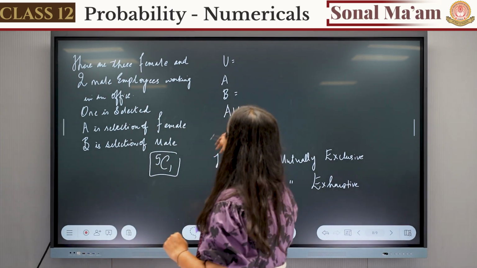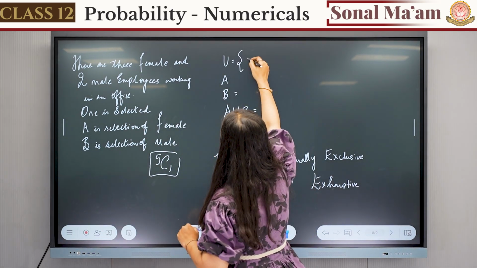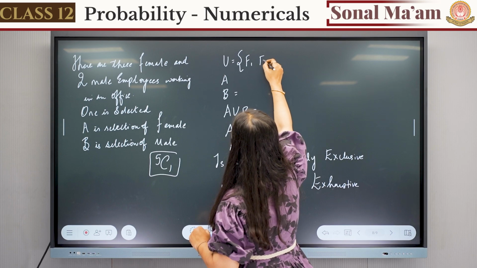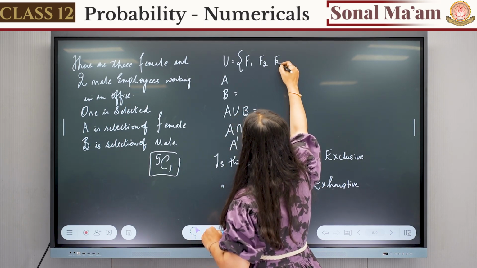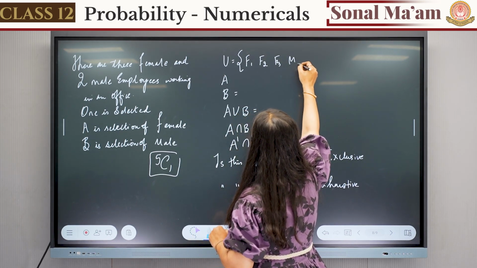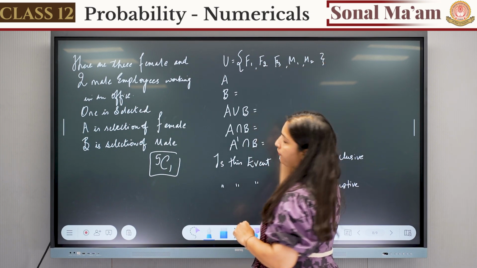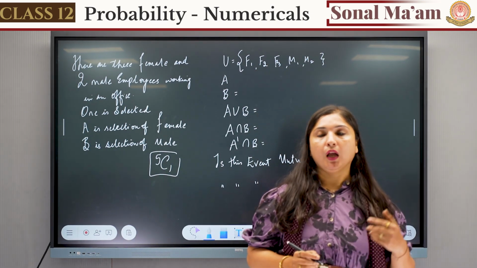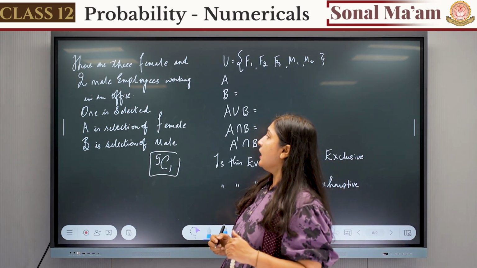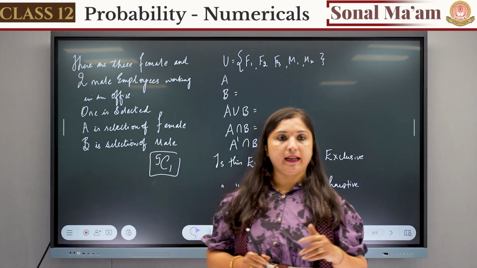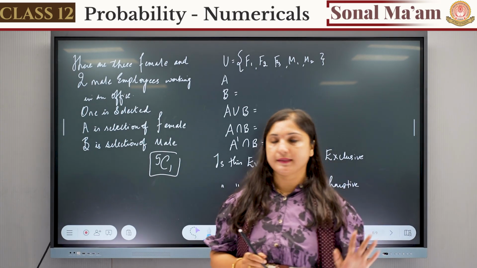Okay, 5 employees. How many female? We have F1, F2, F3, and we have male 1 and male 2. We have 5 employees. Sample space is done.